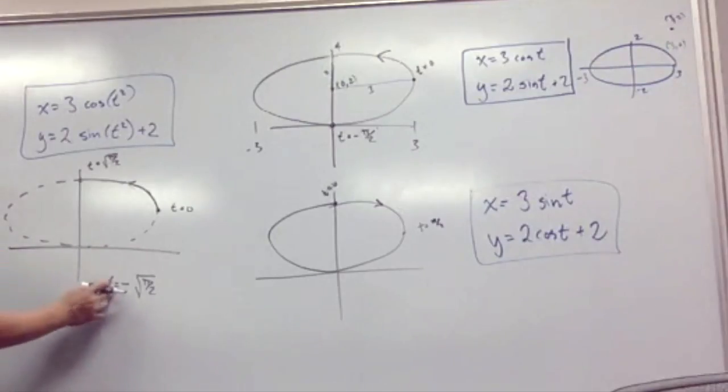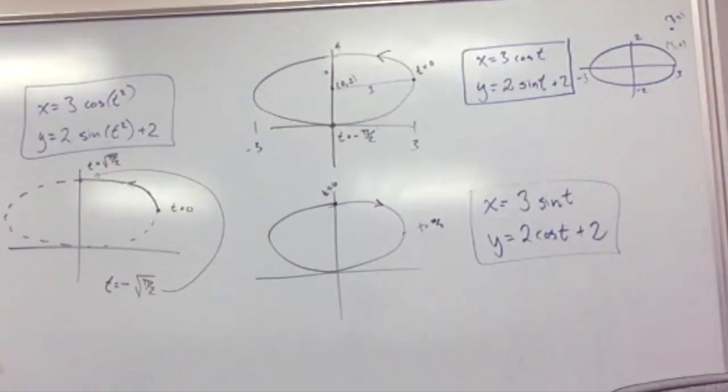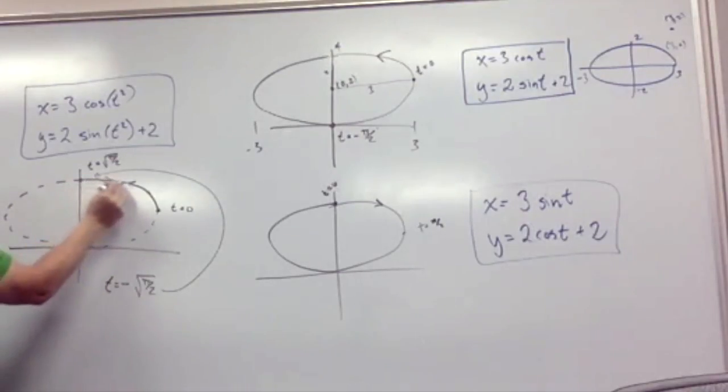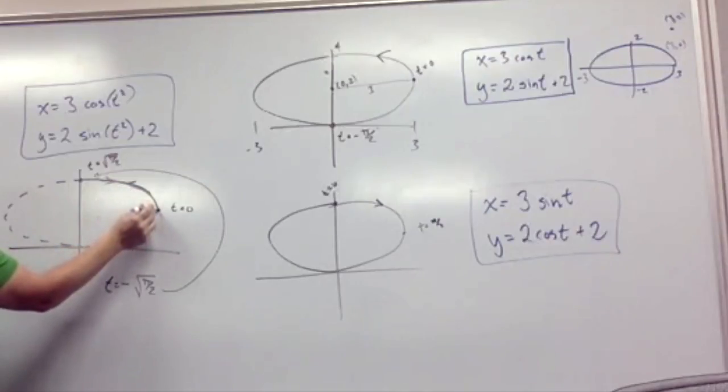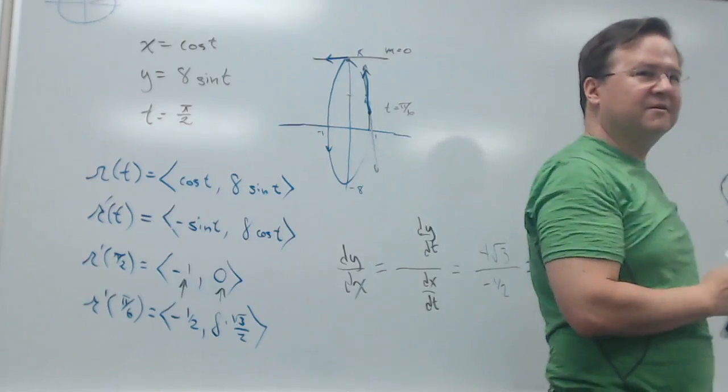This point is actually right there as well. And as t increases from this negative number and gets closer and closer to 0, it's actually going that way. So starting here, as t increases, the curve is going this way, stops here, turns around, and then starts going this way. Weird, huh?